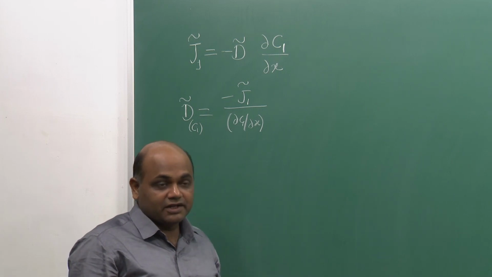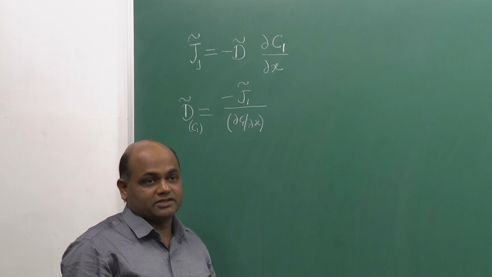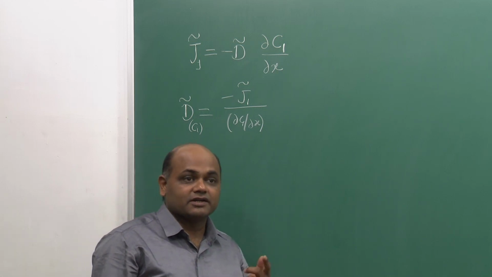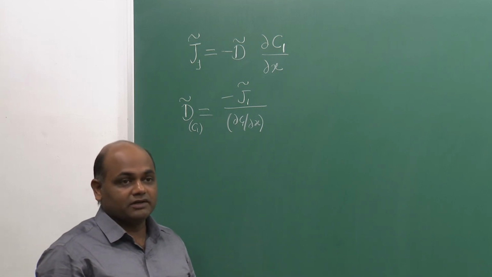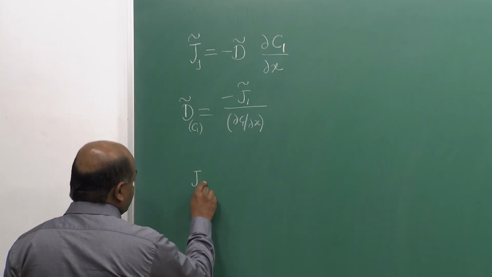As we increase the number of components, the complications increase. So, if we consider a ternary diffusion couple to start with, in ternary we know there are two independent fluxes.